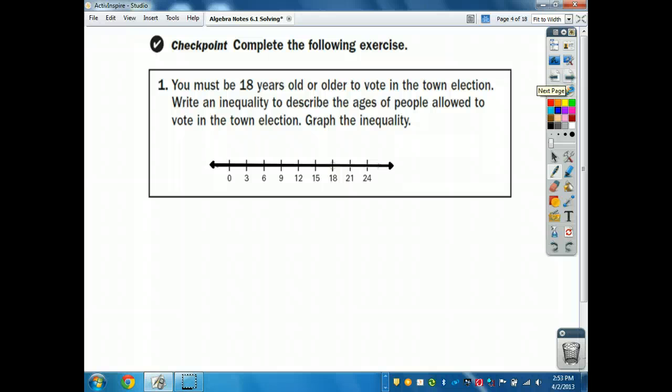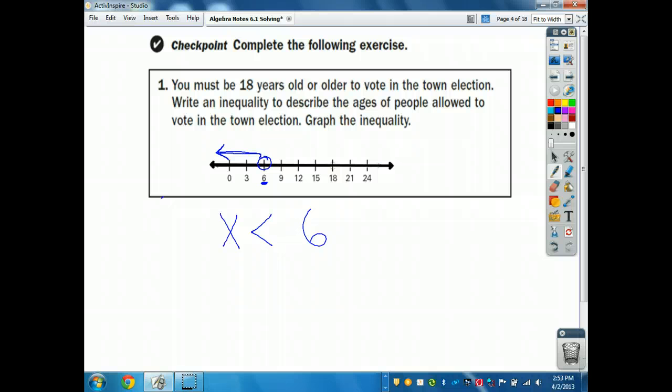So we can write inequalities from a number line. If that's all we had on that number line, we could write the inequality. I would start with my x, and then I would put the number that it's on, which is 6. What kind of a sign would go there? It's going to the left, so my x is less than. Do I put the equal to sign there?